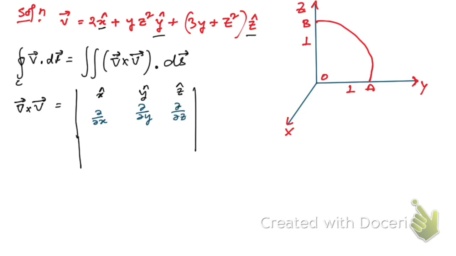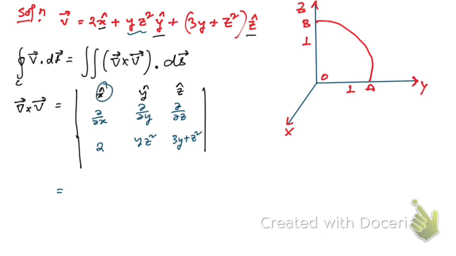That's how we need to find curl. And here we're gonna have 2, then yz square, then we're gonna have 3y plus z square.